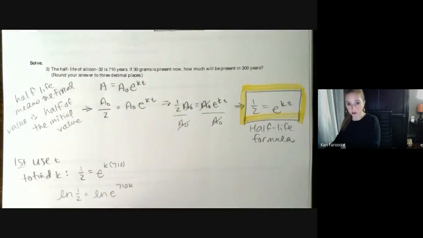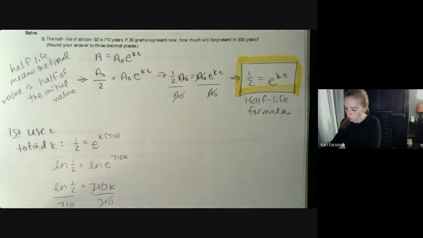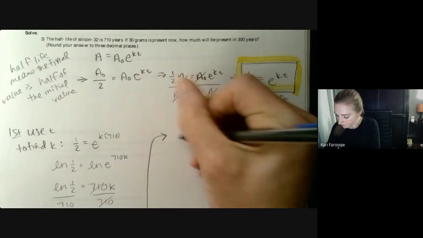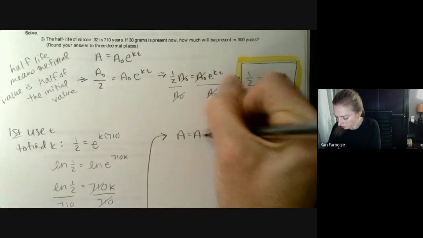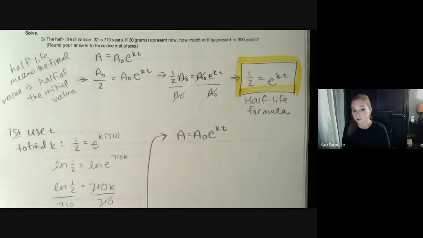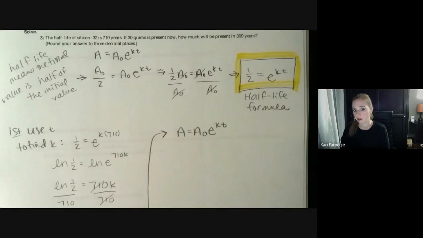Now is where we're going to go back to our initial equation. We're going to kind of move up this way. A equals A sub naught, e to the kt. So we use the half-life formula to determine the value of k.